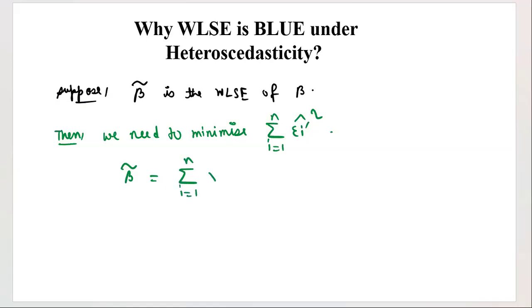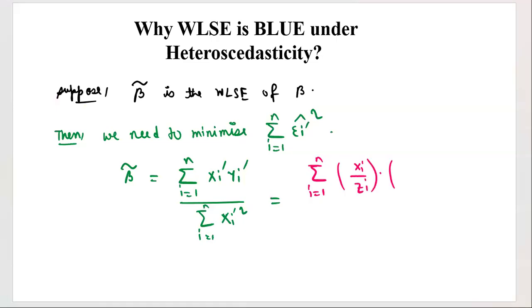Summation i from 1 to n, this will be xi prime yi prime upon summation i from 1 to n, xi prime square. This is what will happen. Now you can replace the values of xi prime and yi prime. So it will be summation i from 1 to n, xi prime is nothing but xi upon zi, yi prime is yi upon zi, and summation i from 1 to n, xi upon zi whole square. This is what will happen.